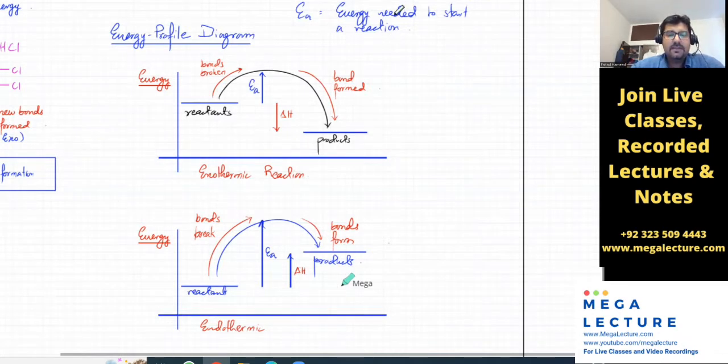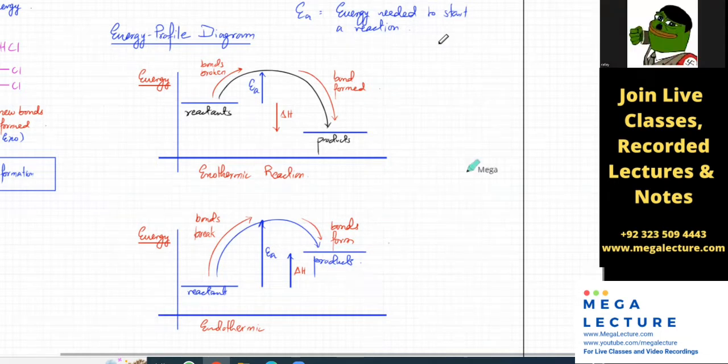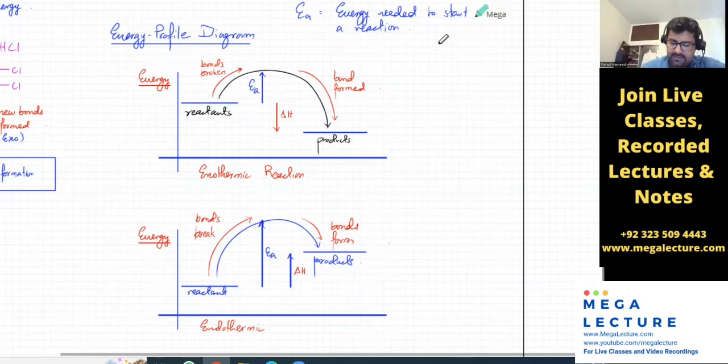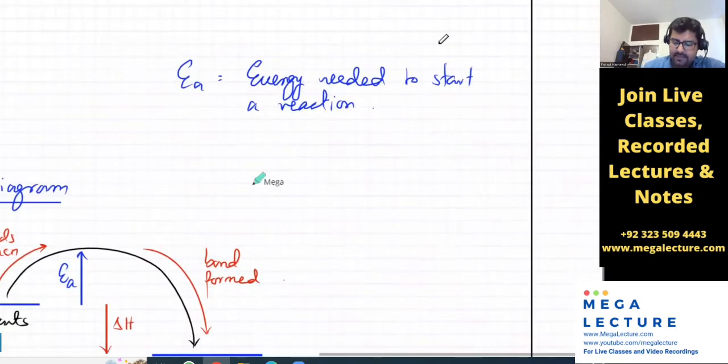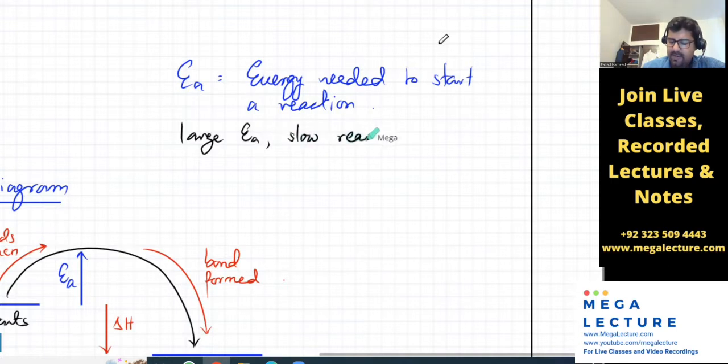How do you reduce activation energy? I say activation energy. If it's greater, is it going to be a fast reaction or a slow reaction? So activation energy, large EA means slow reaction, because the reaction will probably not happen or will happen at a very slow rate because a lot of energy would be needed to start the reaction.